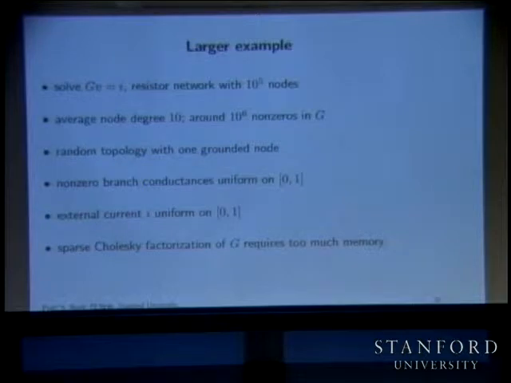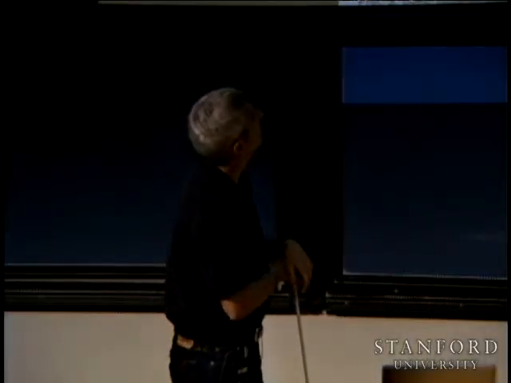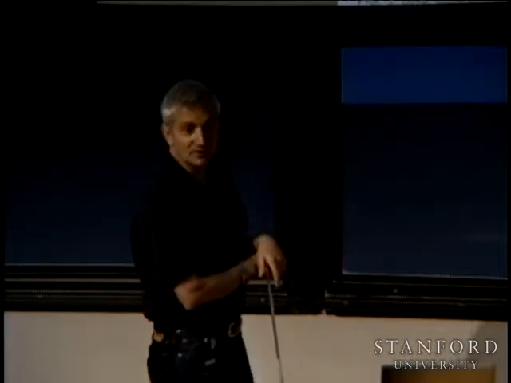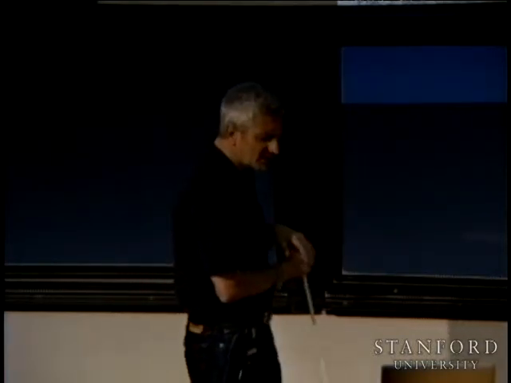If you wanted to use a sparse Cholesky factorization, actually before you even do it, you'll know what happens, because you can do the symbolic factorization on G and calculate the number of fill-ins. In this case there was too much fill-in. I don't know how big it would be, maybe 50 million or 100 million non-zeros, starting from 1 million. I should mention this: if the number of non-zeros goes up by a factor of 2, you are to consider yourself lucky in a sparse matrix thing.